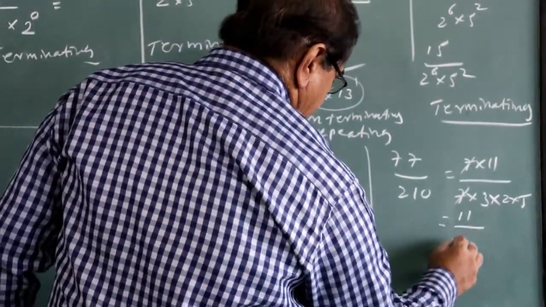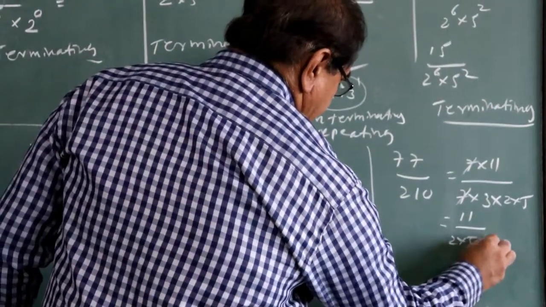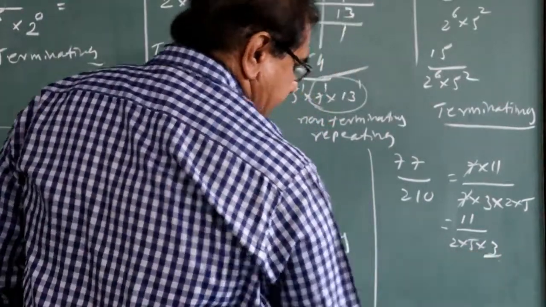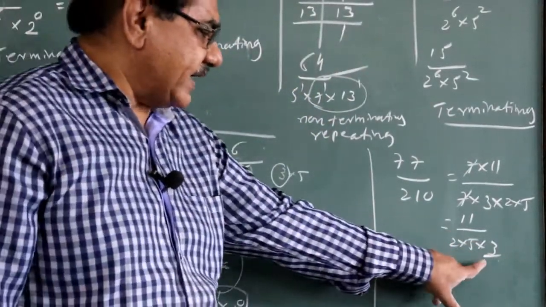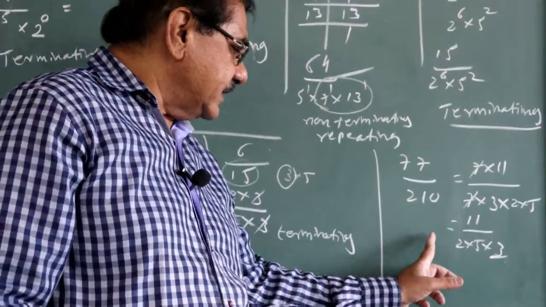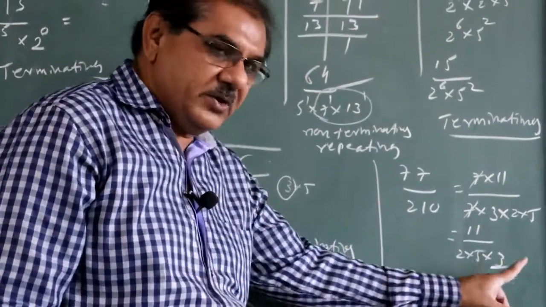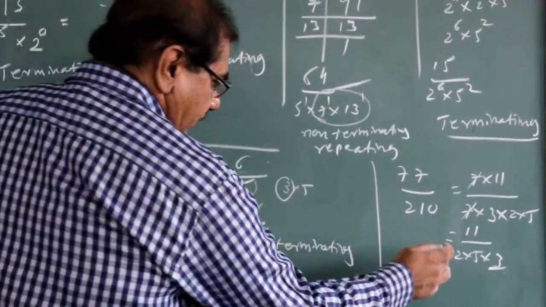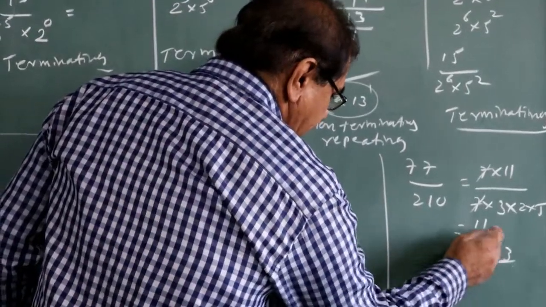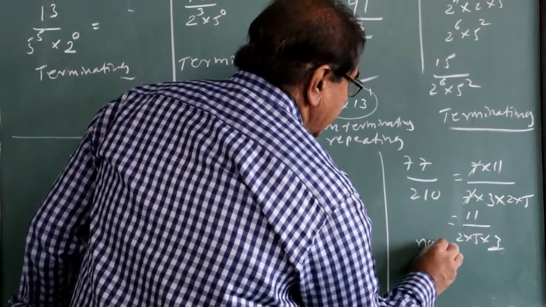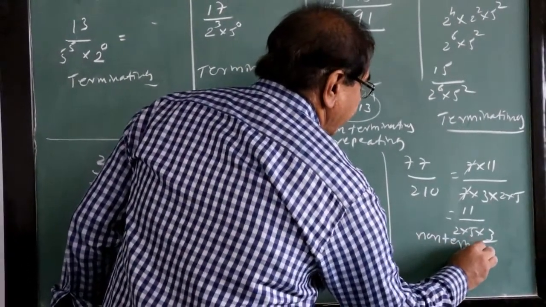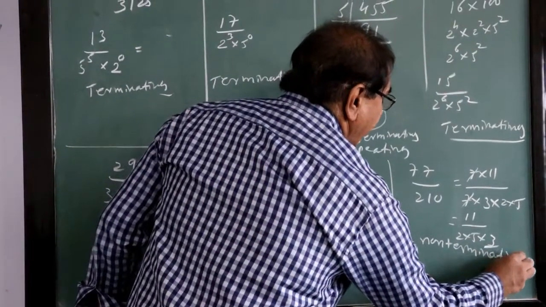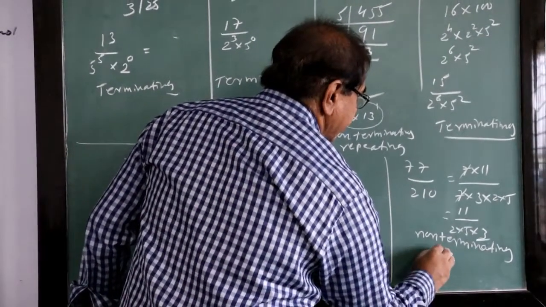So it is 11 upon 2 into 5 into 3. Again, 3 is a prime factor, which means the prime factorization of q is not in the form of only 2 raised to n into 5 raised to m. So this is non-terminating and it is repeating.